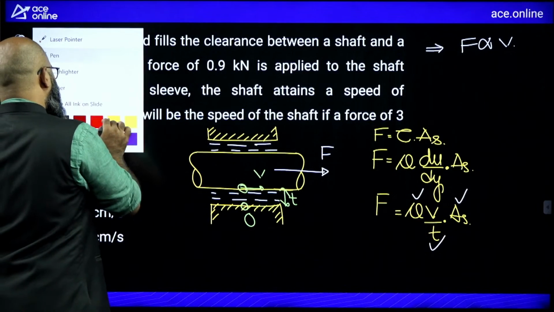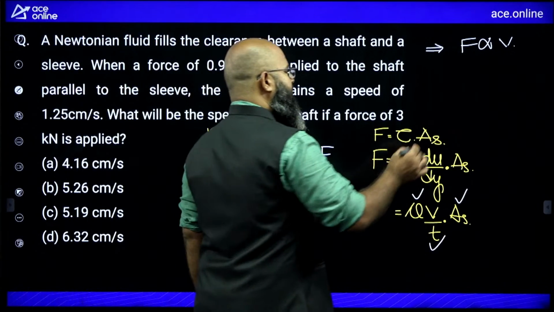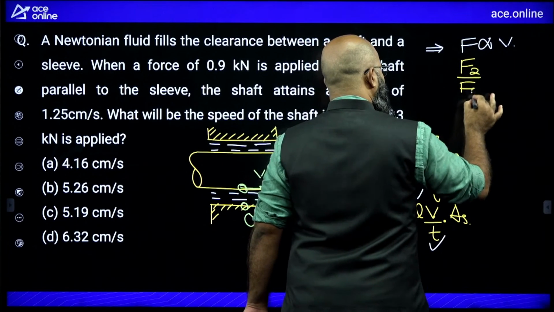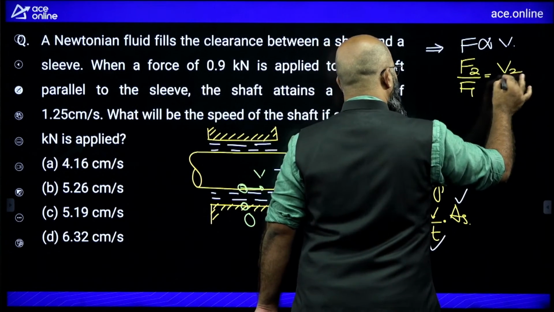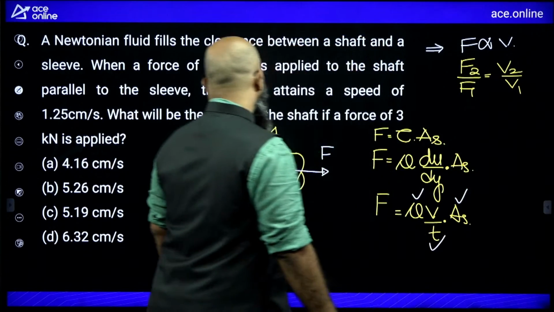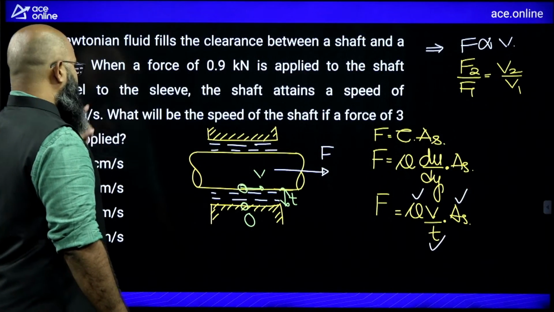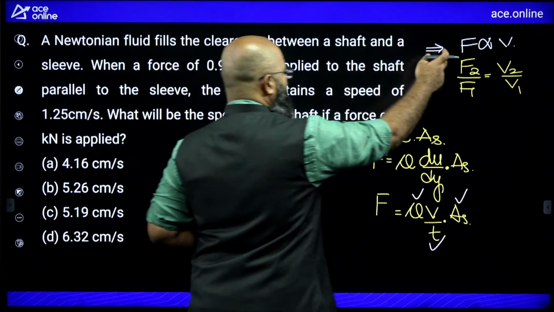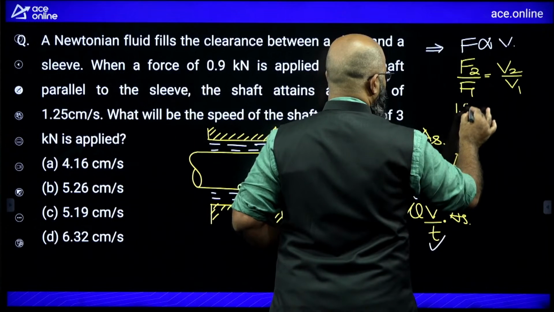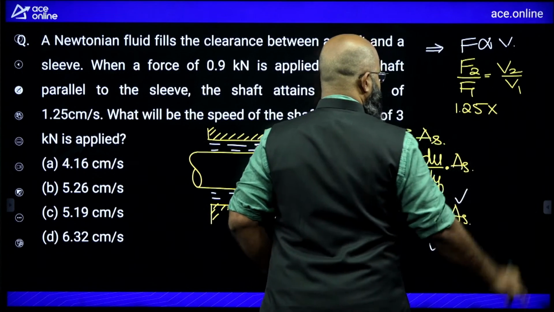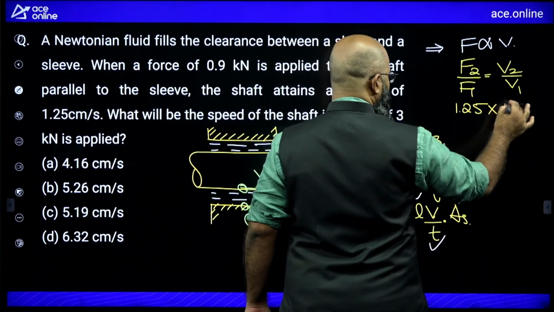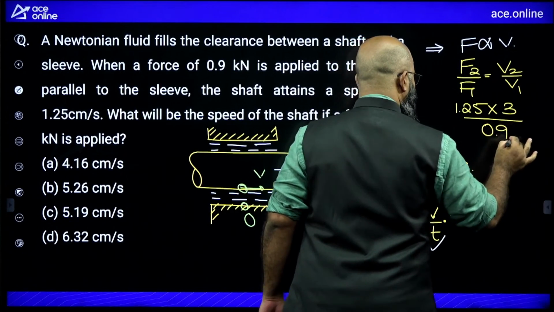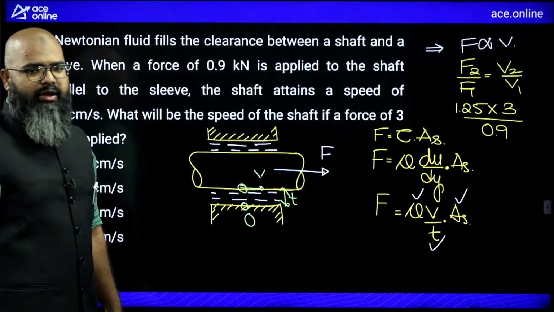Once you have established force is directly proportional to velocity, you can write F2 upon F1 is equal to V2 upon V1. Now we want the value of V2. So V2 will be equal to V1 multiplied by F2 by F1. V1 is 1.25 centimeter per second. F2 is equal to 3 kilonewton divided by 0.9 kilonewton. This is the value you are having.